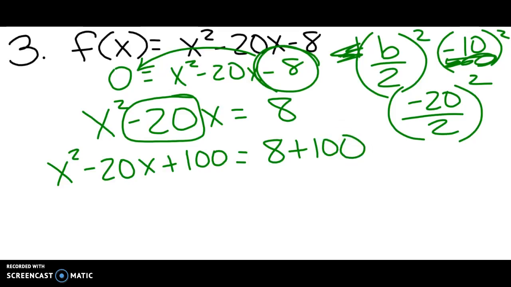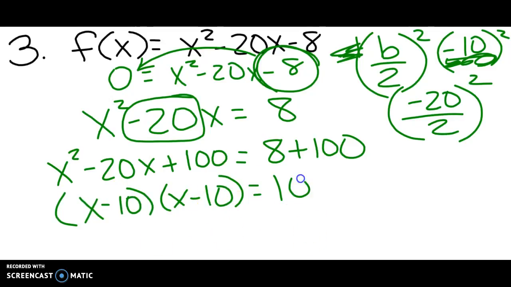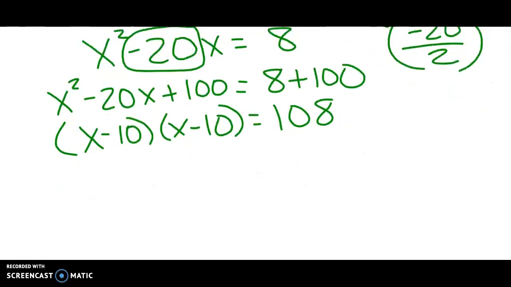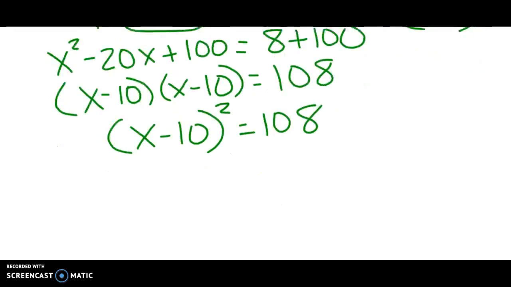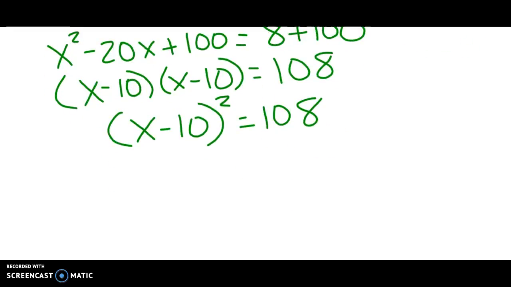And now you're going to factor the left side. So this becomes x minus 10 times x minus 10. You can skip this part and go right to this next part, which is x minus 10 all squared equals 108. Now we're going to solve it for x. So there are 3 main steps you do. First of all, you take the square root of both sides.